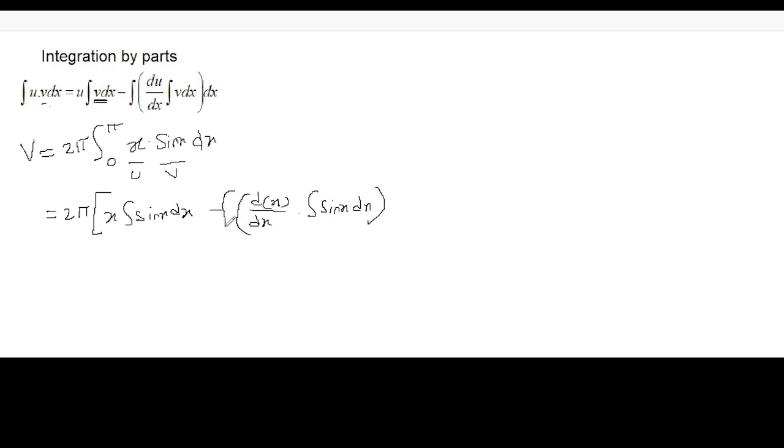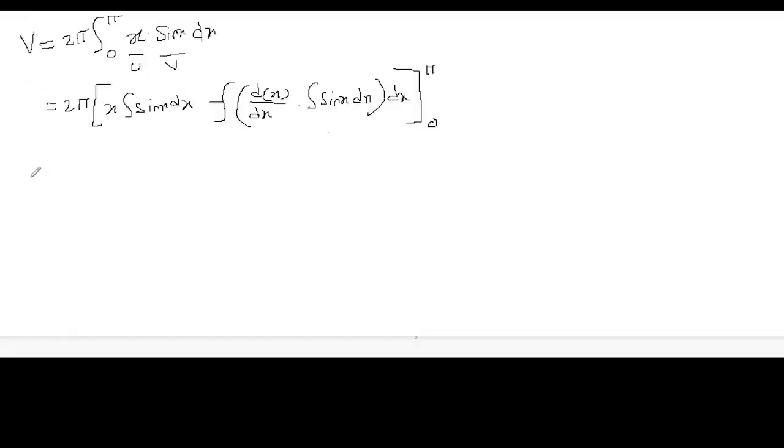and the whole integration. Rather than taking the limit individually, we can take the limit for the entire function together. So after doing the integrations, we're going to get 2 pi, x into the integration of sin x, which is minus cos x, minus the differentiation of x, which is 1, into the integration of sin x, which is minus cos x, dx, and the limit is 0 to pi.